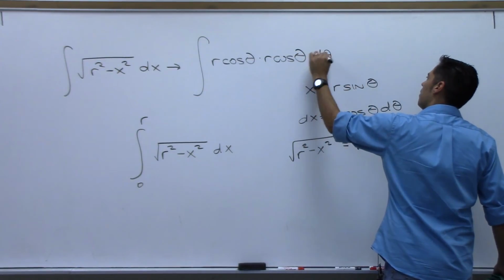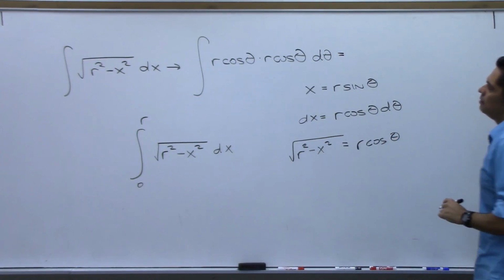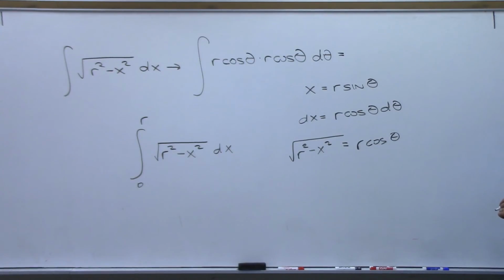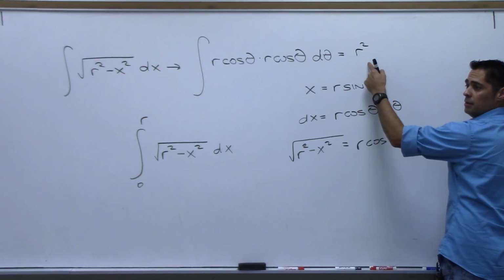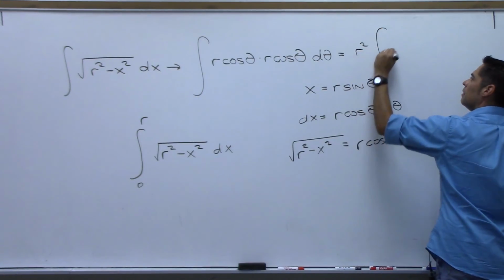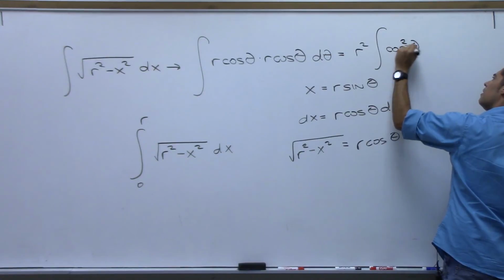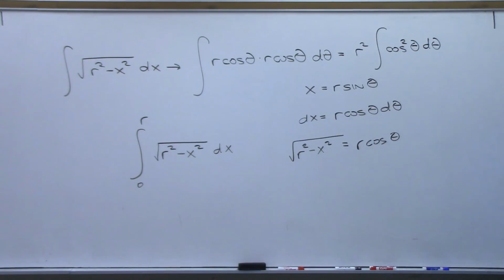And that's just r cosine theta squared. So we can square the r and the cosine, can't we? R is a constant. Pull it out of the integral. R squared, that's very promising. Cosine squared theta, d theta, right?